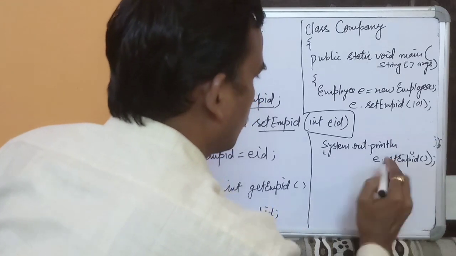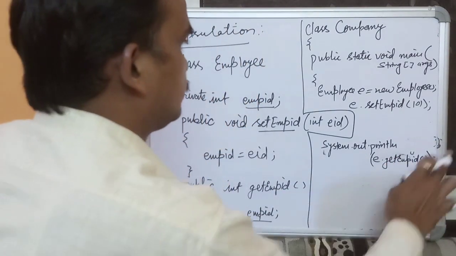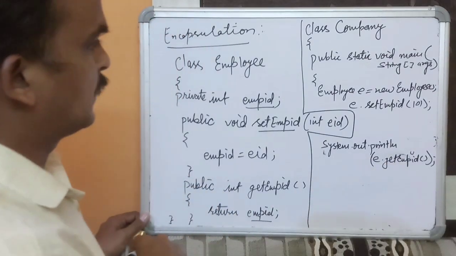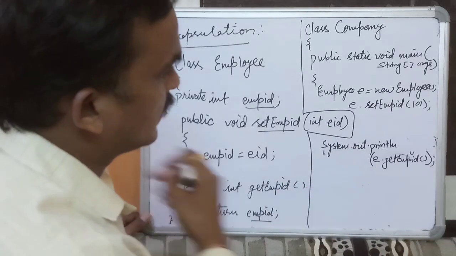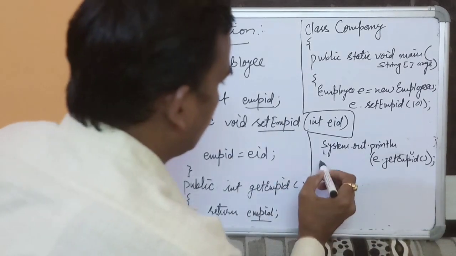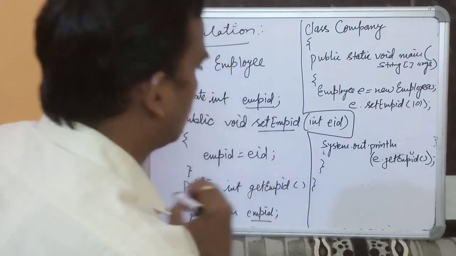So system.out.println e dot get empid, and here we close the method and close the class.